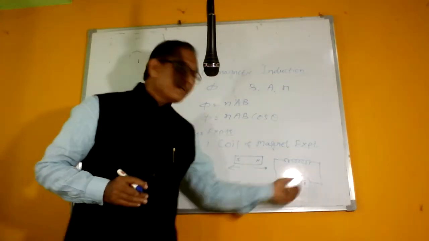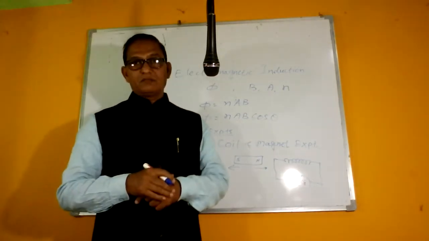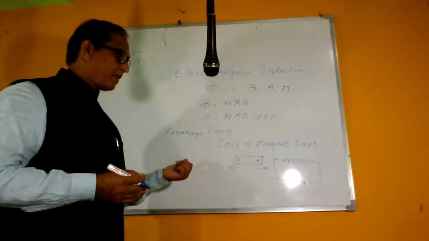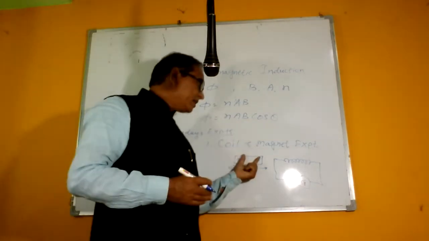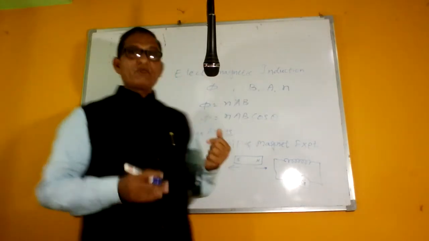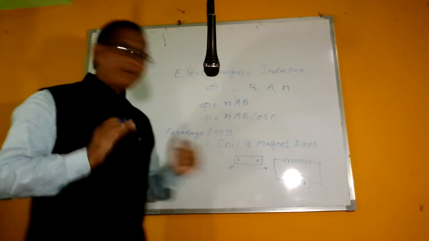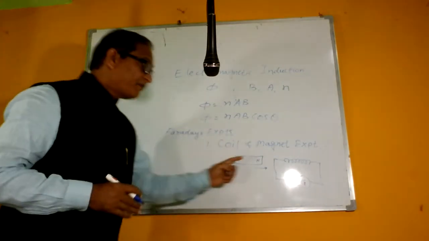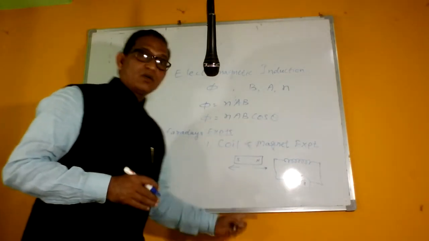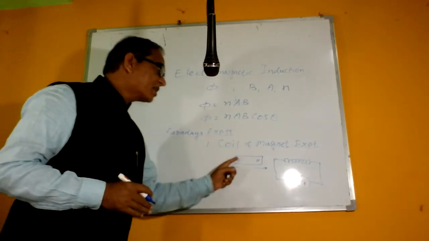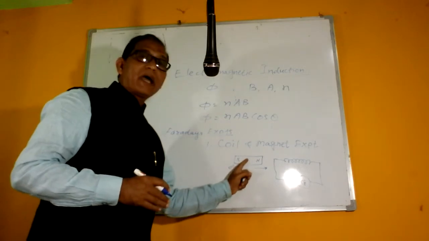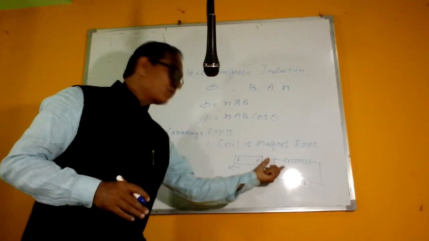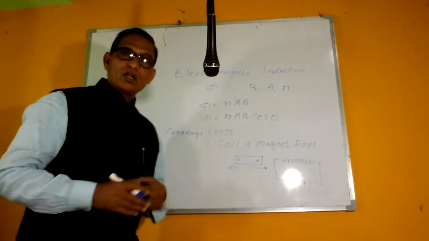If the magnet is moved away from the coil, we find a deflection in the opposite direction. If the magnet is kept stationary, there is no deflection. So the deflection is obtained only when there is relative motion between the magnet and the coil.